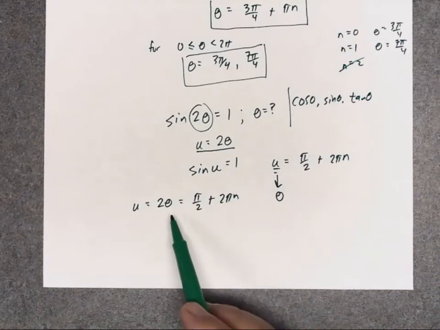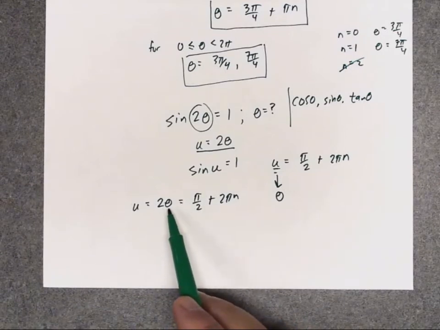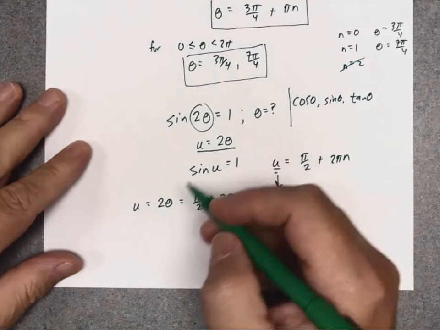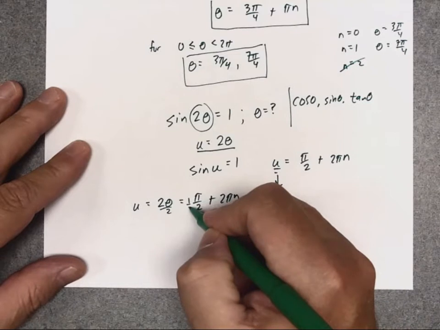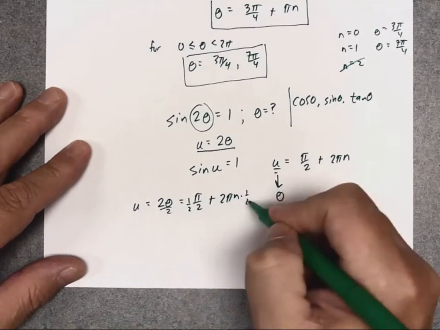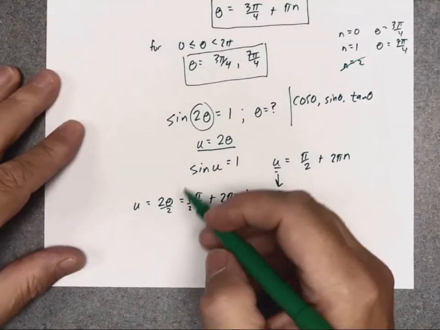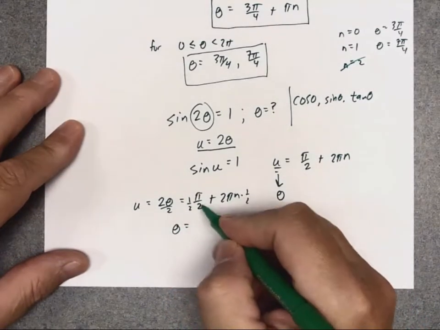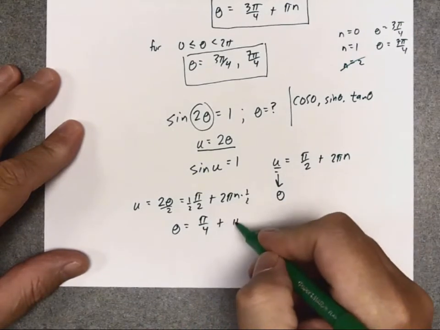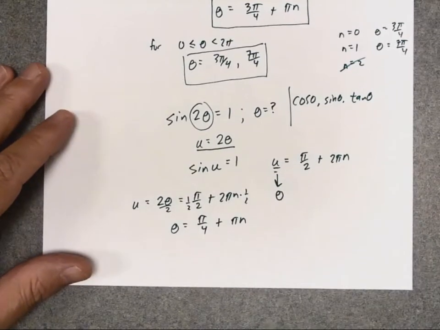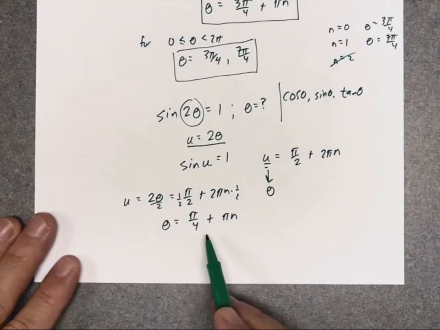And what I do now is I just take these two expressions, this equation, and solve for theta. So I have to divide both sides by 2, or that's the same thing as multiplying everything by 1/2. And I get theta equals pi over 4 plus pi n.